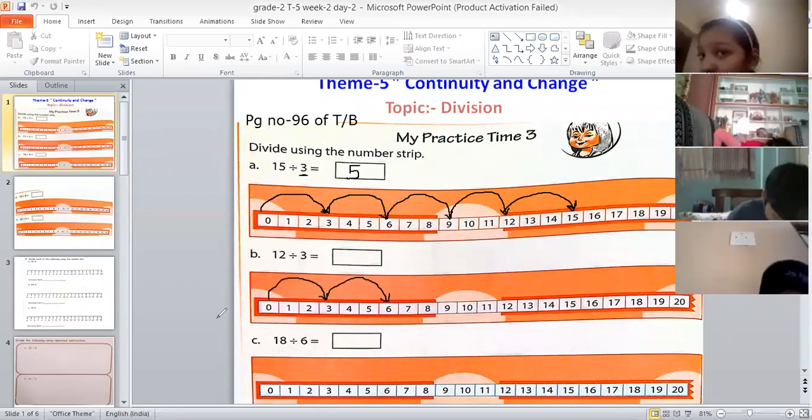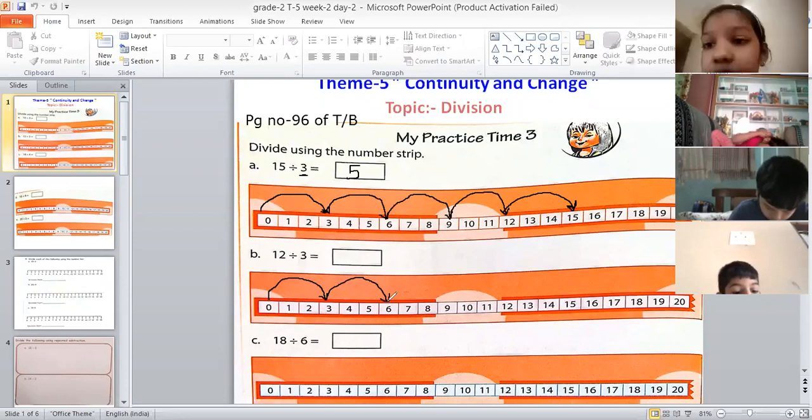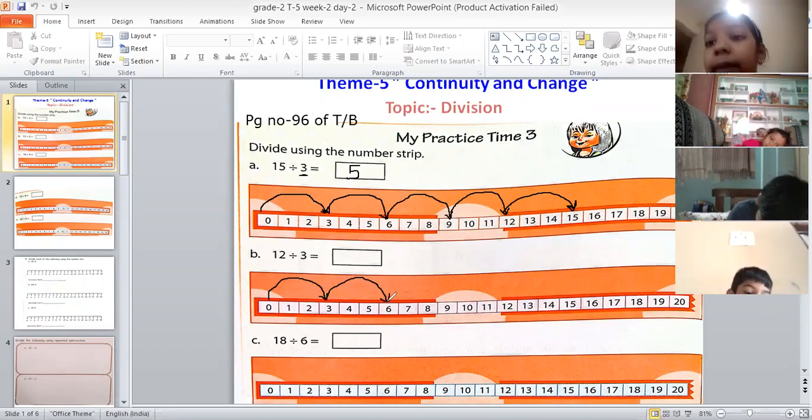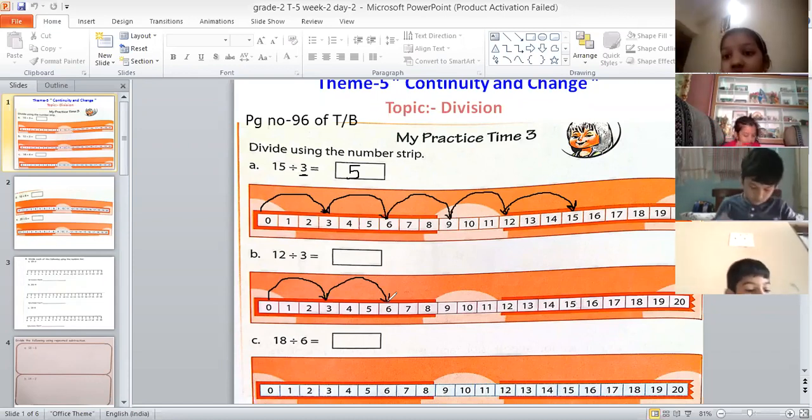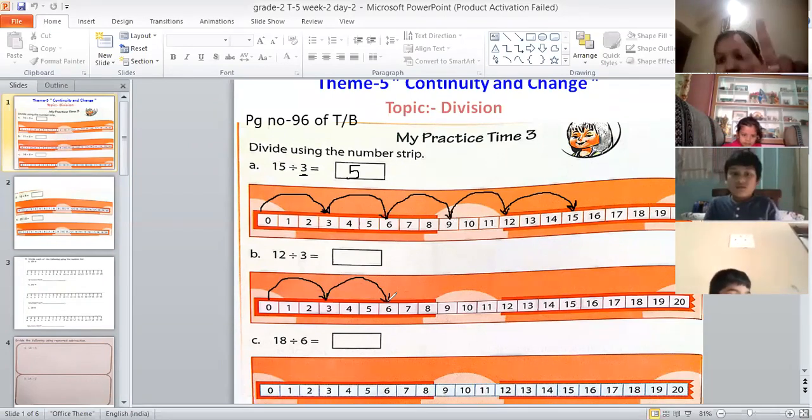Dhriti, the next number will be? Count forward 3. Dhriti, start counting after 6. Count forward 3 after 6, tell me. Show me your 3 fingers.